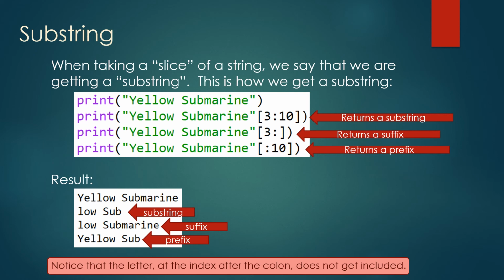So in this case, 7. If we're missing the second integer, we're going to go right to the end of our string. If we're missing the first integer, we're going to take it right from the beginning up to, but not including, our 10th index value.